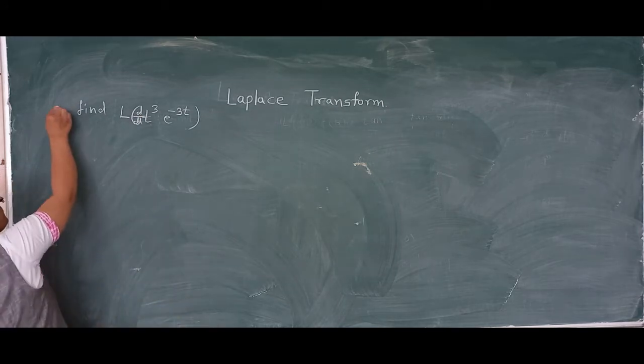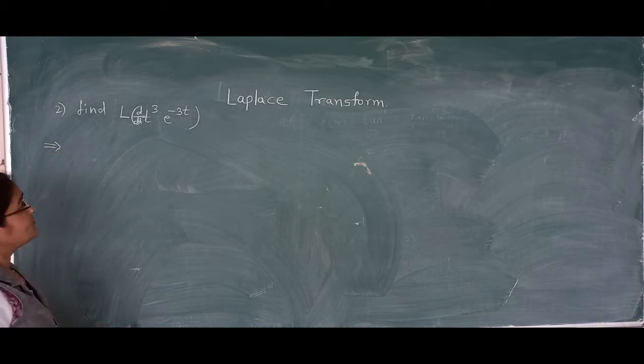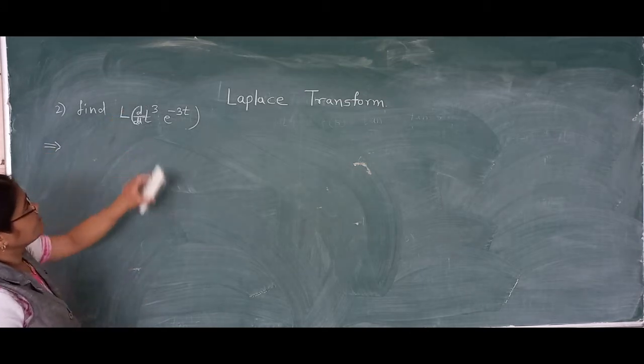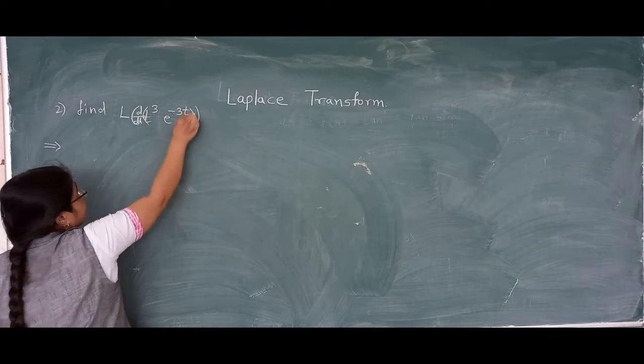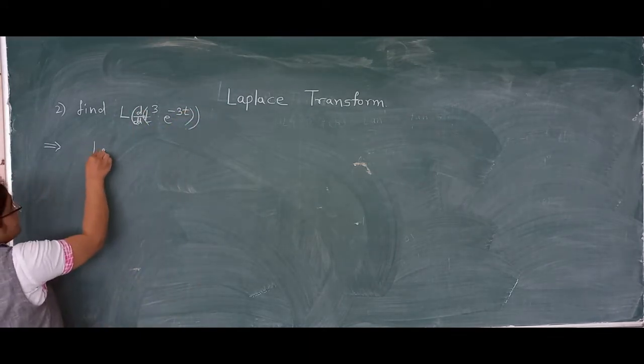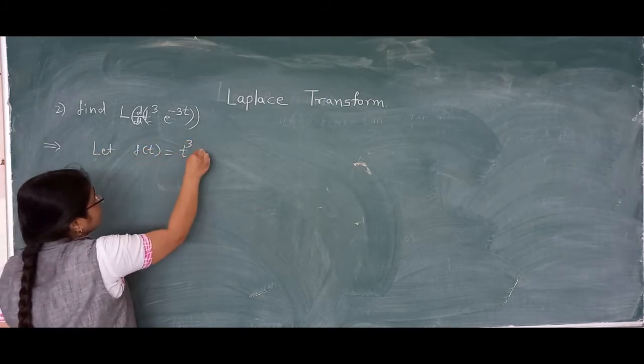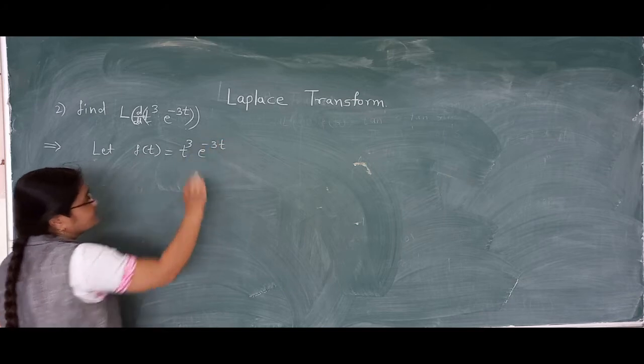Okay. So again, d/dt of what is nothing but your function. So let f of t equal to t cube e raised to minus 3t.